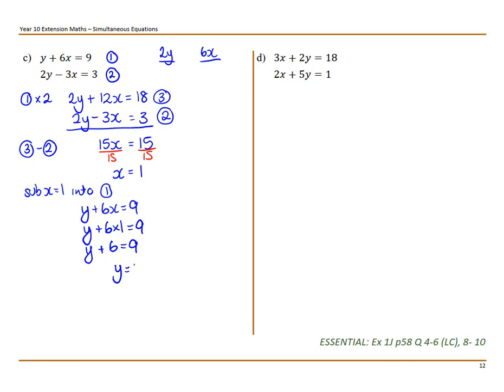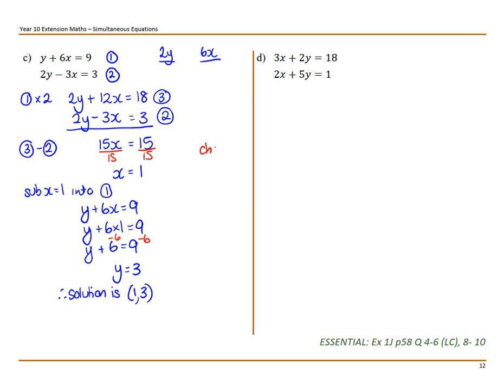So y is going to be 3 because I take away that 6 from both sides. So therefore, the solution is 1, 3. Alternatively, I could have multiplied equation 2 by 2 and ended up with that 6x in equation 2, and then I would have added my two equations. Either way will work.